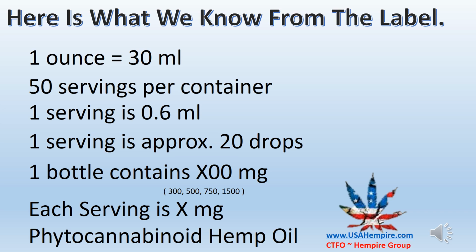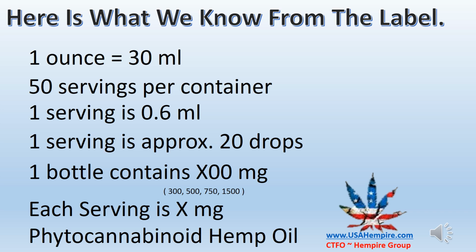We also know, reading the label, it says 1 serving is 0.6 milliliter. Well, that can make sense. The 50 servings per 30 milliliters, 30 divided by 50 is 0.6. So a serving size is 0.6 milliliters.